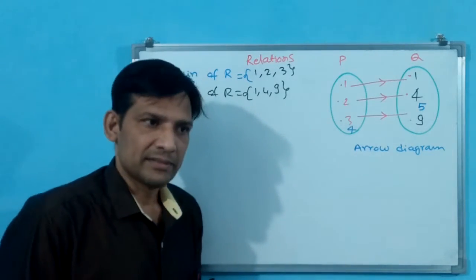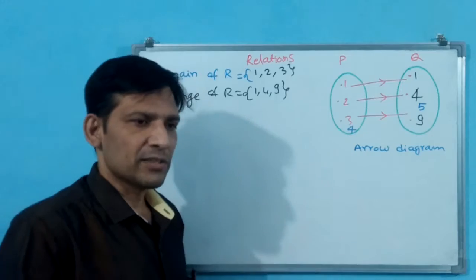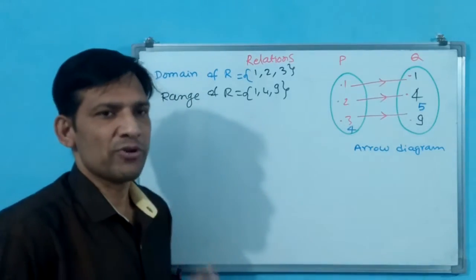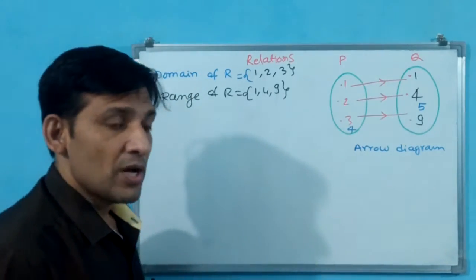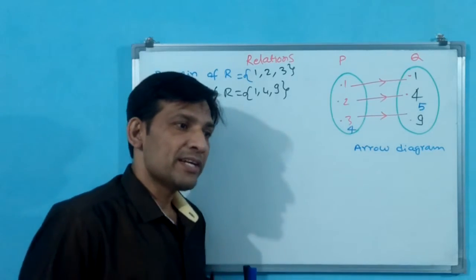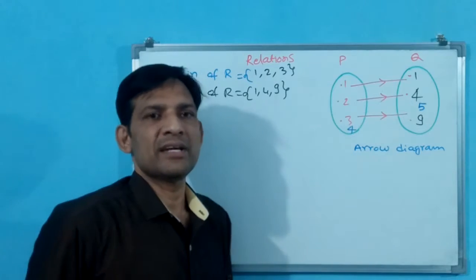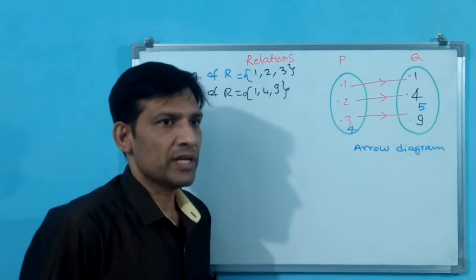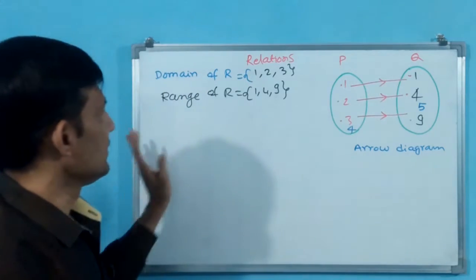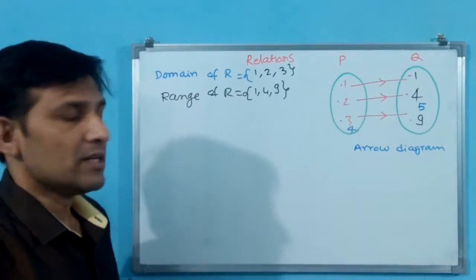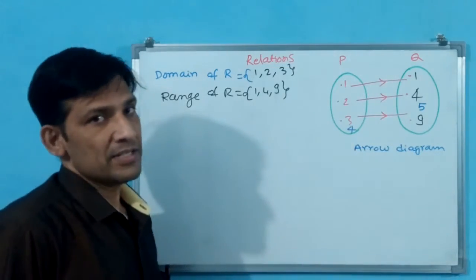In different chapters or different concepts, even relations and functions, I am going to tell that. Input, output, like domain and range, you have to apply for the entire class 11 and class 12 chapters. Okay? Now you see, range also you understand, because I have simply written range also.